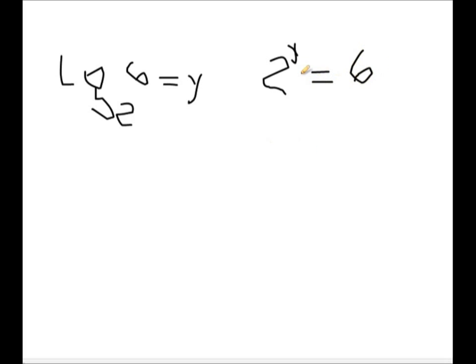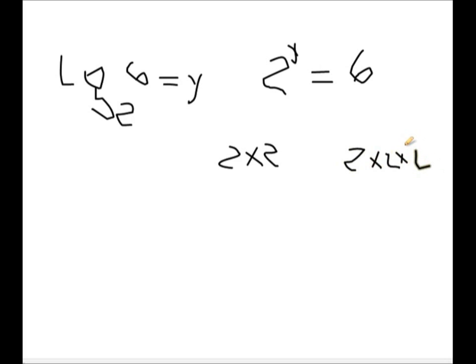Since you know 2 times 2 is 4. Okay? What we know, we know 2 times 2 is 4. But we know also 2 times 2 times 2 is 8.